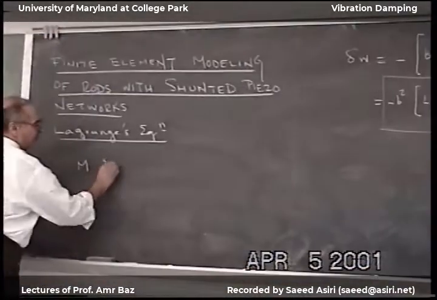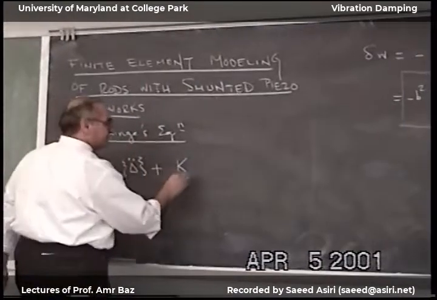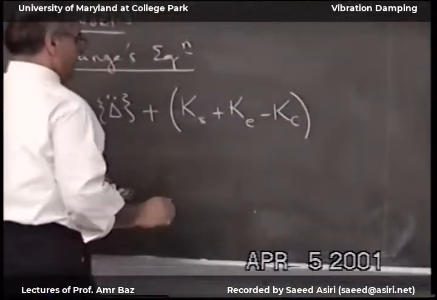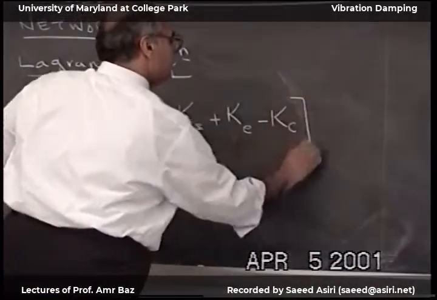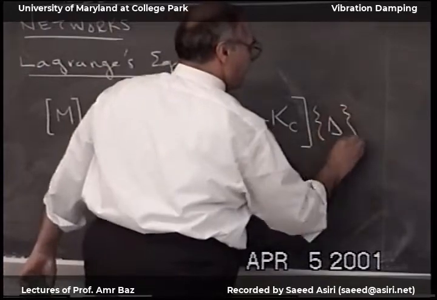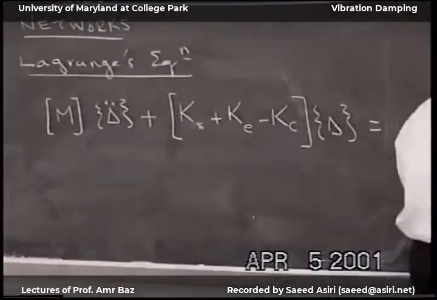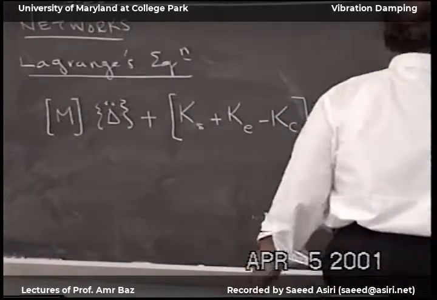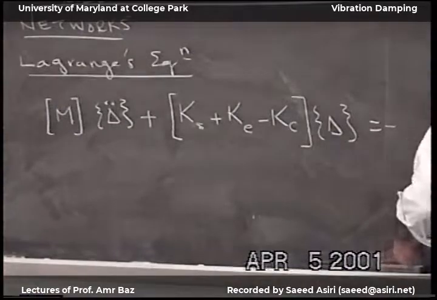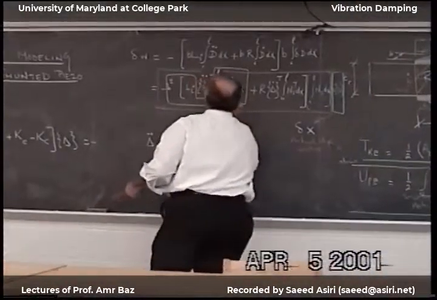I have M delta double dot plus K S, K electric, minus K coupling, times delta, and this will equal to delta double dot minus this matrix.